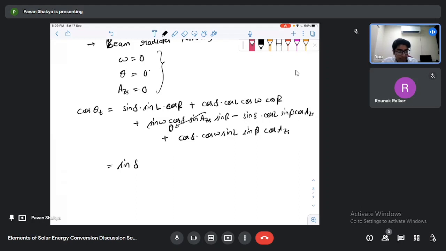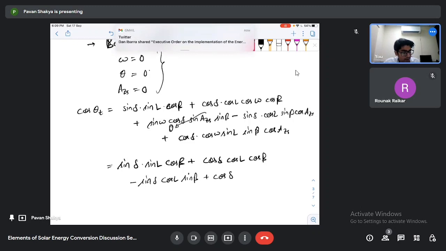So the first term will be sin delta sin L cos beta. The second term will be cos delta cos L, with cos omega being 1, multiplied by cos beta. The third term will be 0. The fourth term will be minus sin delta cos L sin beta. And the last term will become cos delta sin L sin beta.